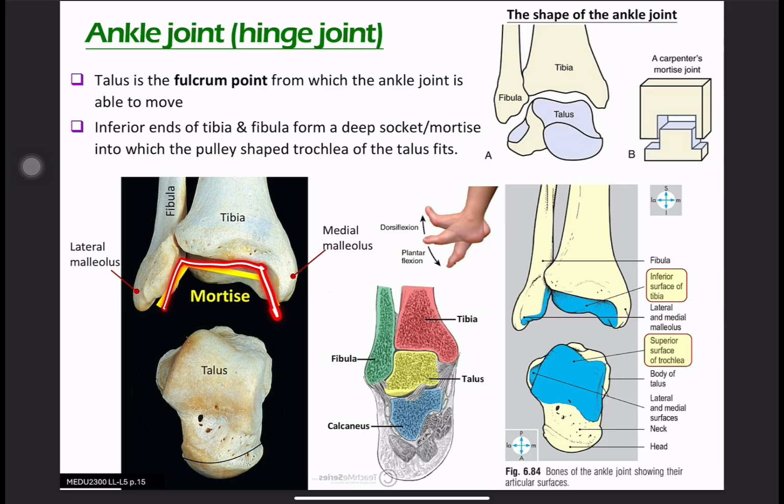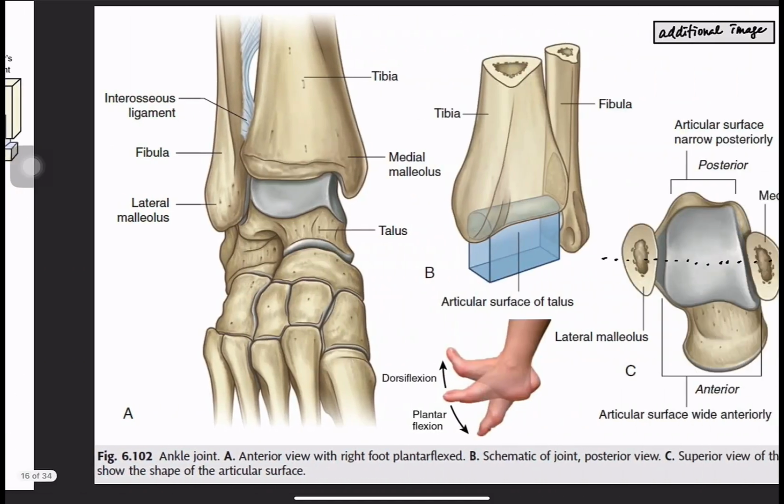All these three structures together form a mortise, or you can say a socket, that articulates with the trochlea of the talus. The trochlea of the talus is wider anteriorly and narrower posteriorly.